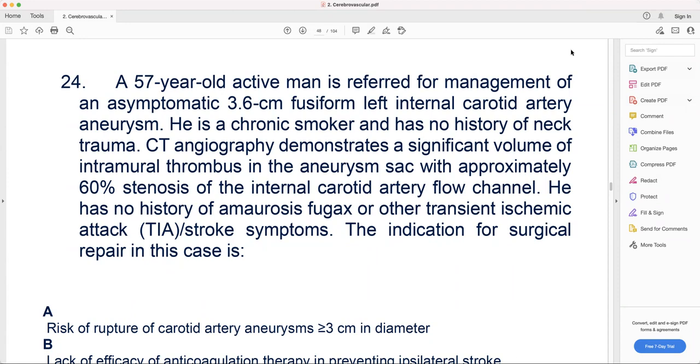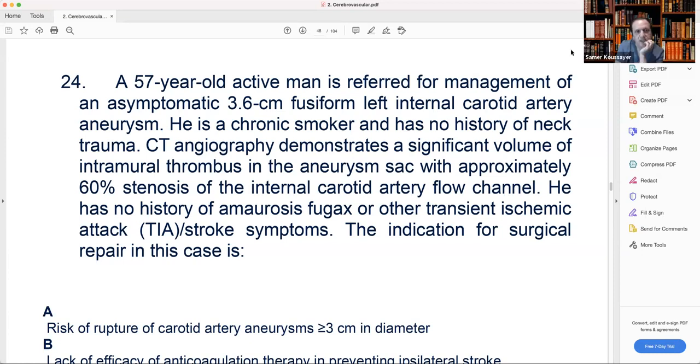CT angiography demonstrates a significant volume of intramural thrombus in the aneurysm sac with approximately 60% stenosis of the internal carotid artery flow channel. He has no history of amaurosis fugax or other transient ischemic attack or stroke symptoms. The indication for surgical repair in this case is.